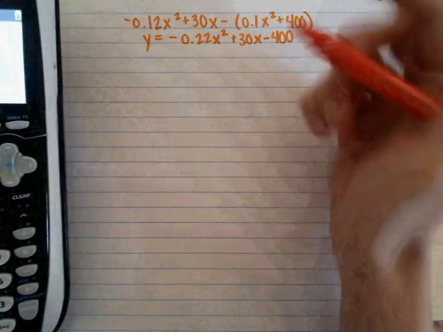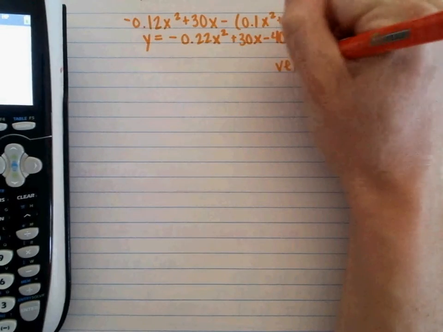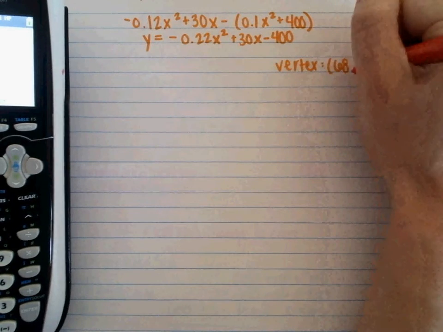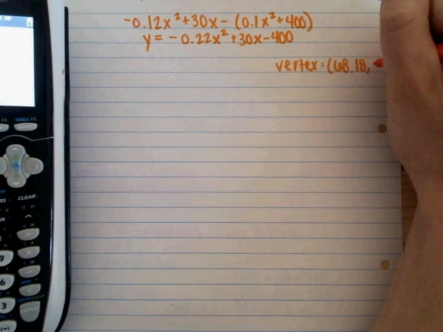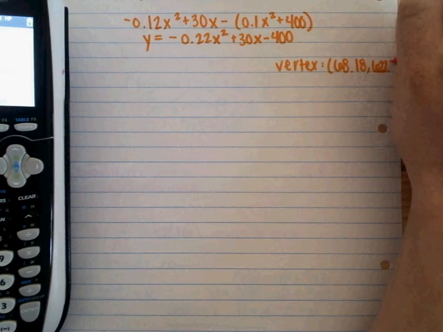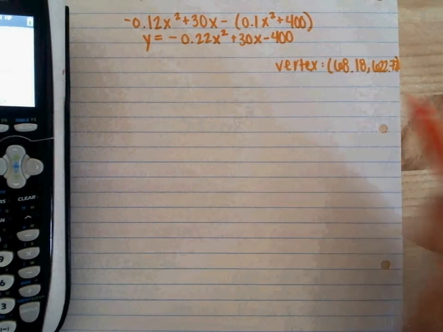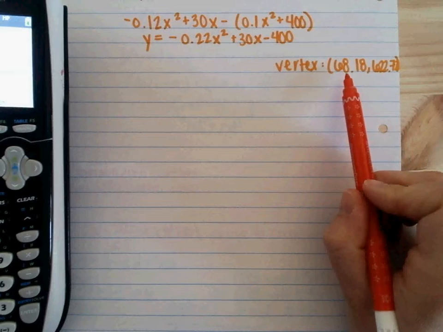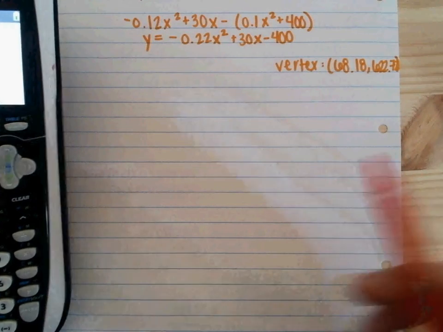So I'm going to write that down, that the vertex is at 68.18 and the y value is 622.72. And if you remember, y value refers to the profit and x value refers to the number of books.